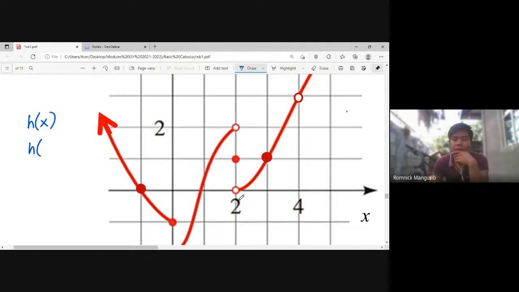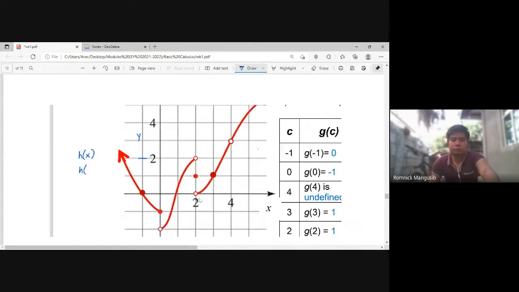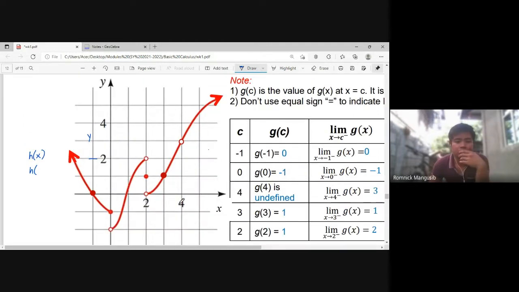At syempre kung ito ang y, ito ang x. So kung tinanong ka, what is h of... parang magulo.